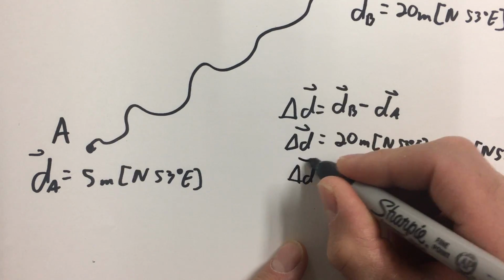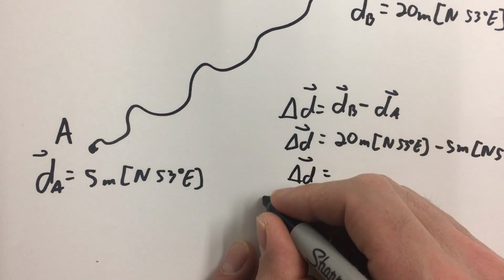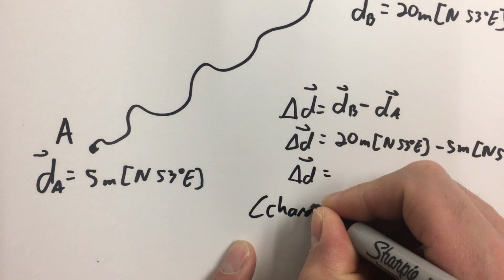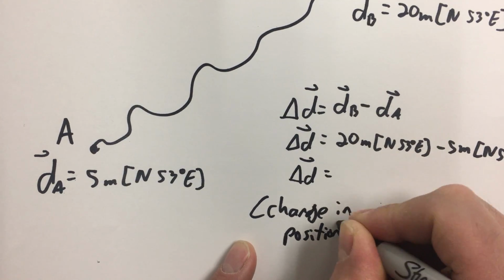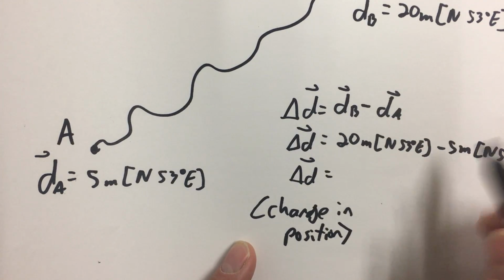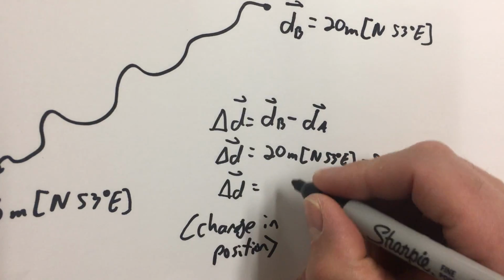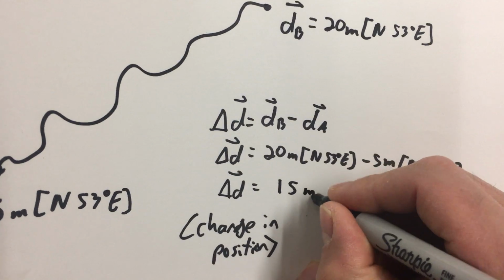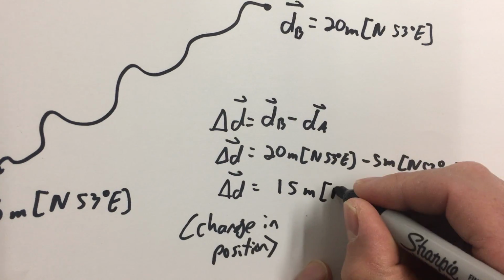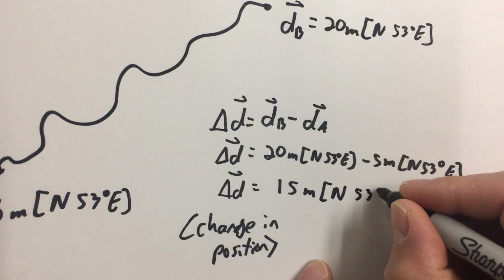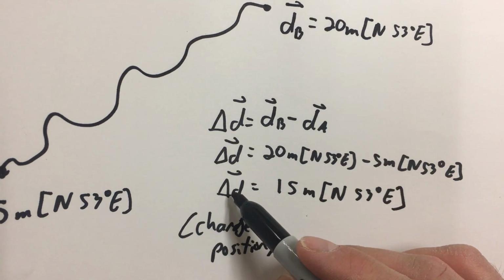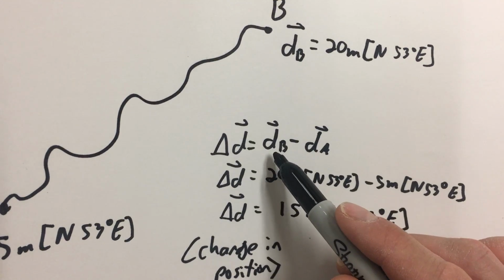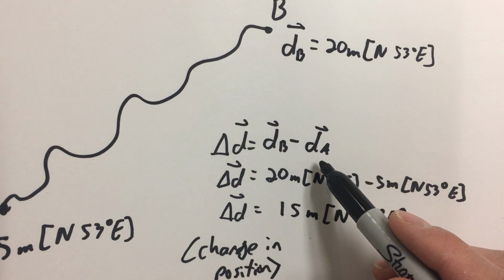So the displacement, which is the change in position, is 20 minus 5, so it is 15 meters north, 53 degrees east. The displacement is what you get when you subtract the initial position from the final position.